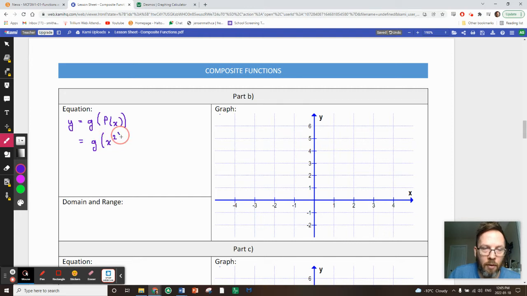It equals x squared. So now, in the function g, wherever we see an x, we're going to plug in x squared. Since g is x plus 3, we replace the x with x squared. This composite function is x squared plus 3. Again, a pretty straightforward function to sketch. It's our basic parabola, just shifted up 3 units.